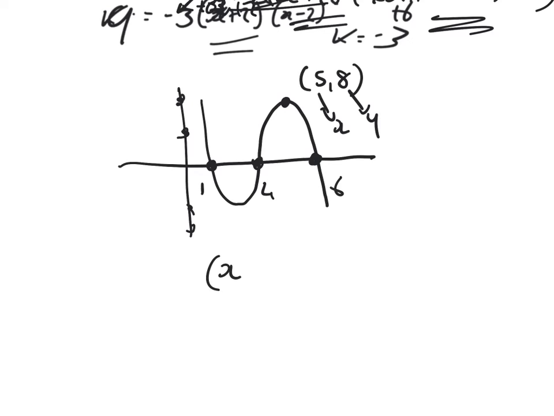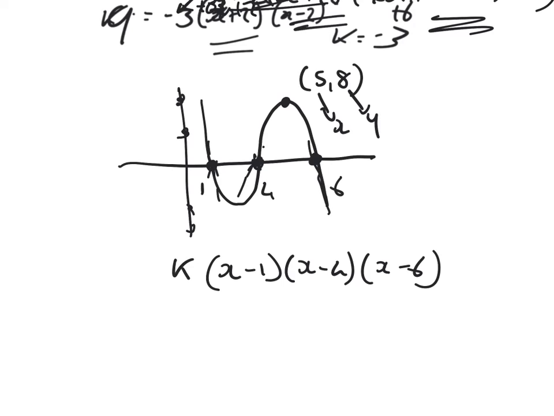So a root of 1 comes from x minus 1, a root of 4 comes from x minus 4, and a root of 6 comes from x minus 6. It's not equal roots for any of these, they're just going straight through. So no square brackets, a k at the front and y equals. So the clue being this time that when x equals 5, y equals 8, so let's sub that in.